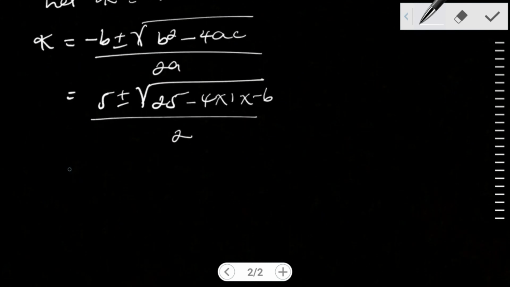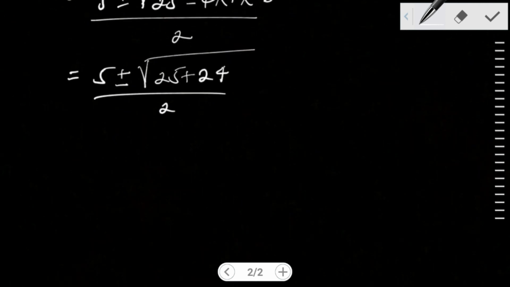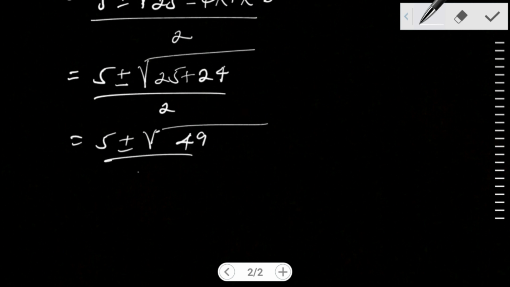And therefore I'm going to have 5 plus or minus the square root of 25 plus 4 times 6, we are going to have 24, all over 2. And so this is going to be equal to 5 plus or minus the square root of 49, all over 2.